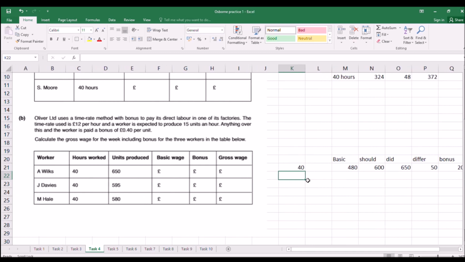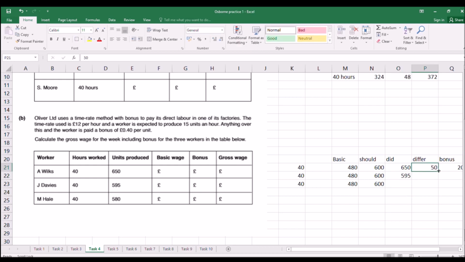Now let's go back to this one here. J Davis, 40 hours worked. And we'll do M here while we're there as well, 40 hours worked. Okay, so this person produced 595.